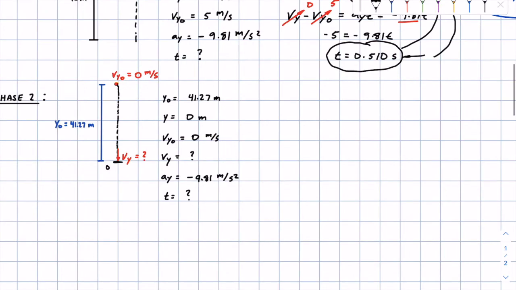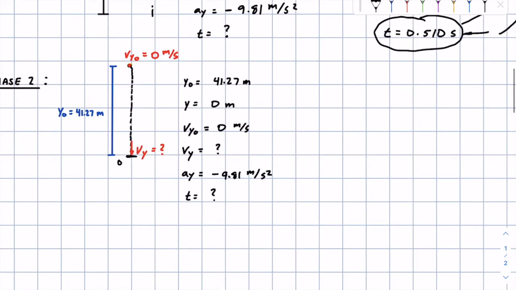All right, so let's do the short and long equation again for phase 2, though. So we've got y minus y naught is equal to vy naught t plus 1/2 ay t squared. All right, plug in what we know. Y final is 0. Y initial is 41.27 meters.